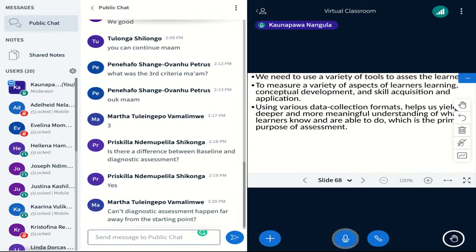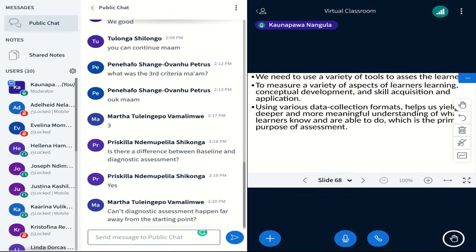So we need to use a variety of tools when we are assessing our learners. Okay, not just stick to the one that you're comfortable with, but use various tools because we want to cater for different learning styles and intelligences. To measure a variety of aspects of the learners' learning, conceptual development, and skill acquisition and application, you need to use a variety of tools.